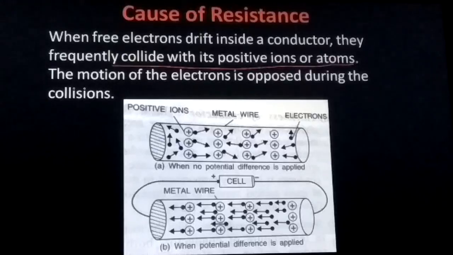So the motion of the electrons is opposed during the collision.